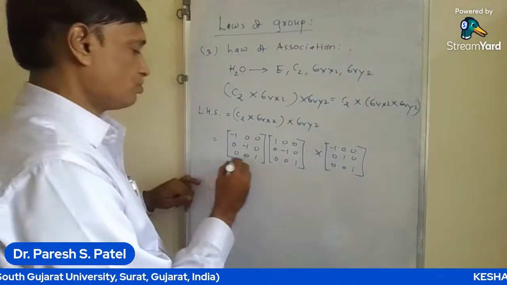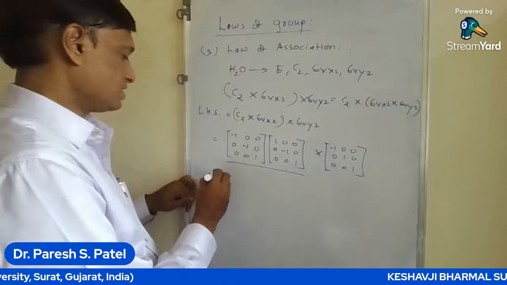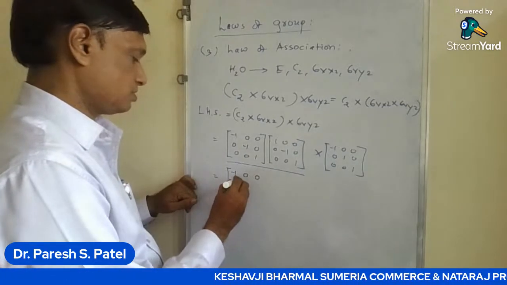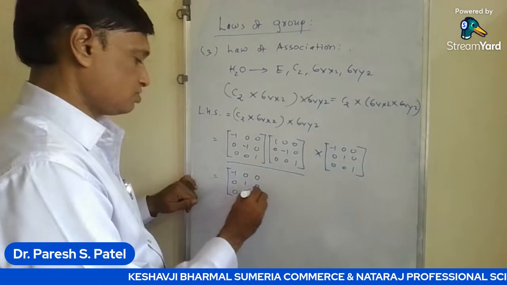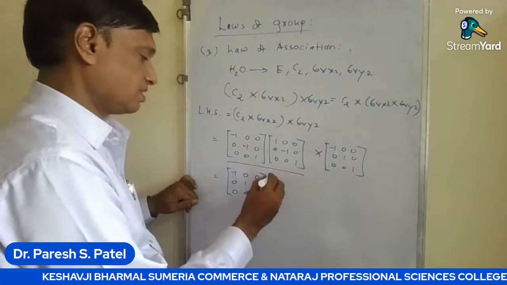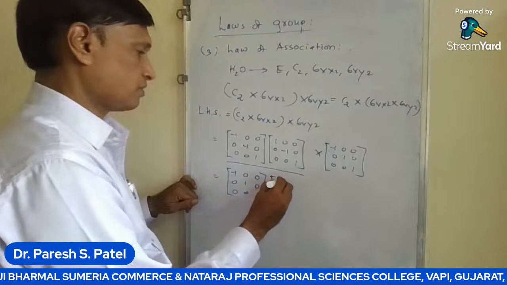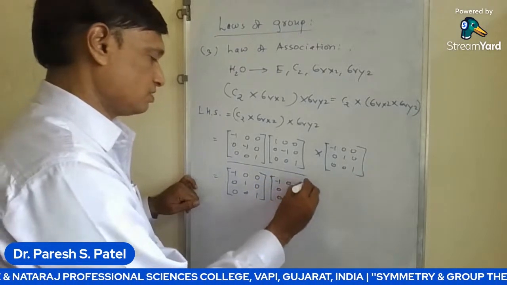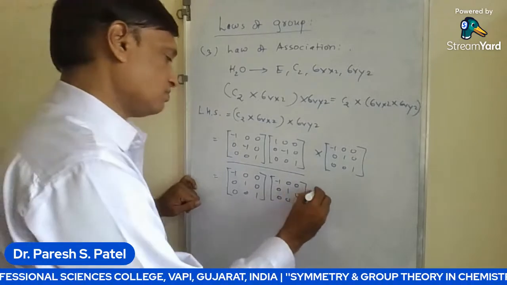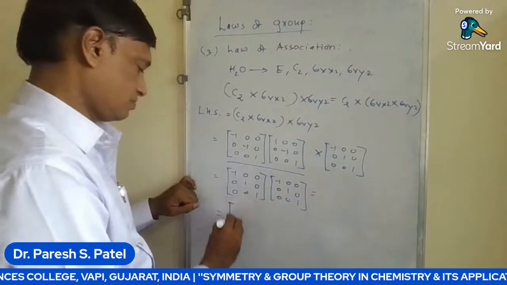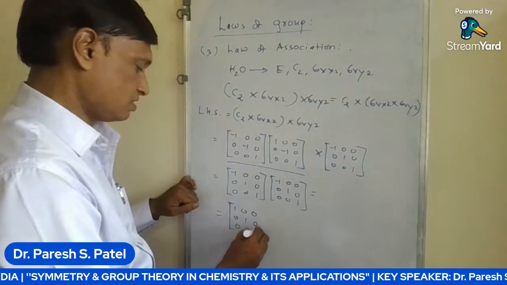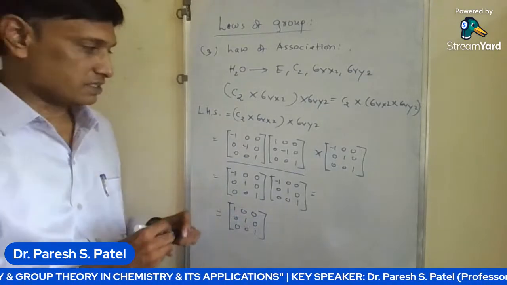So first of all we have to go for the combination of these two matrices, and then combine with the third. The answer will be 1 0 0 0 1 0 0 0 1. This is the resultant matrix.